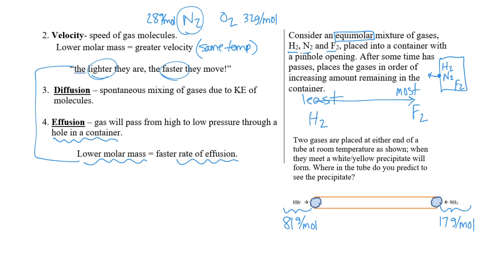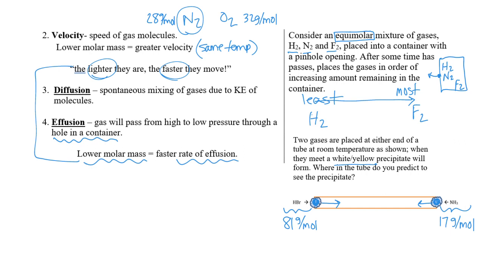When they meet, a white-yellow precipitate will form. Where in the tube do you predict to see the precipitate? They're saying this little cotton ball right here is soaked with a liquid that's going to evaporate, and as it evaporates, it's going to travel inward in the tube. So we have to figure out where they're going to meet.